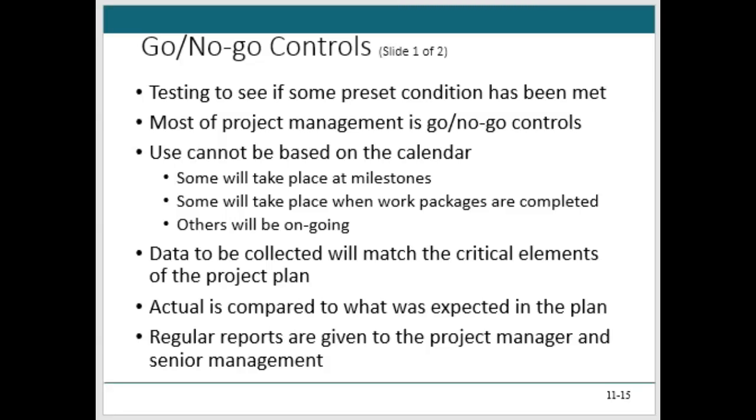So we're looking to see if some precondition has been met. So the project plan, the budget, the schedule, these are all control documents, and the project manager will then design a control system complete with pre-specified milestones as natural checkpoints, right?